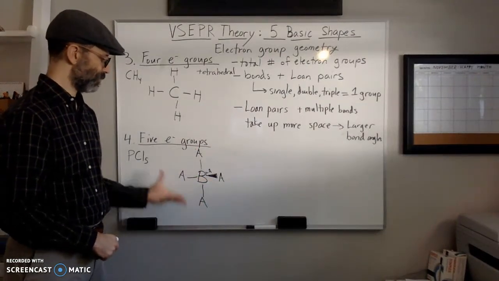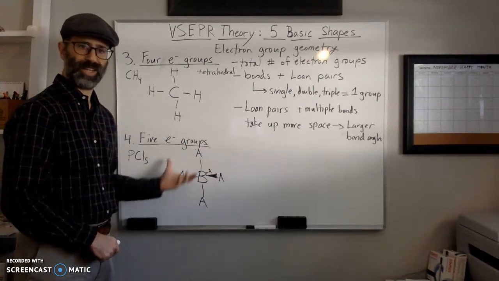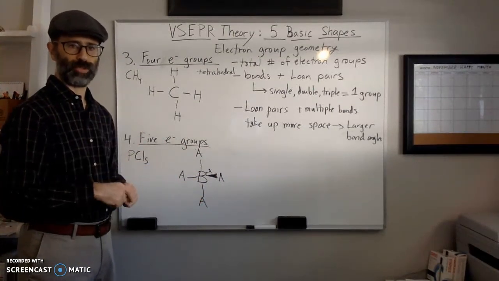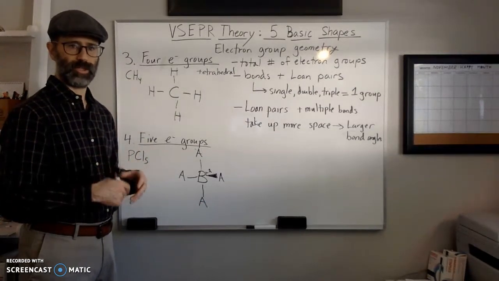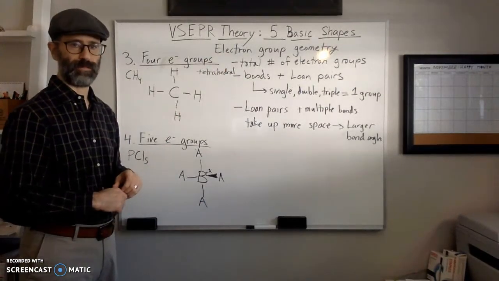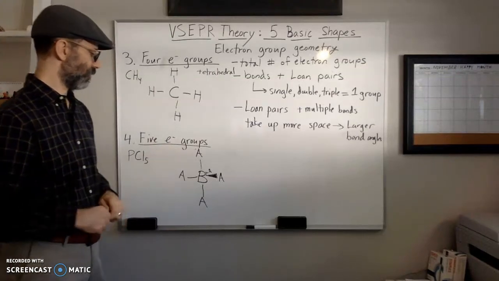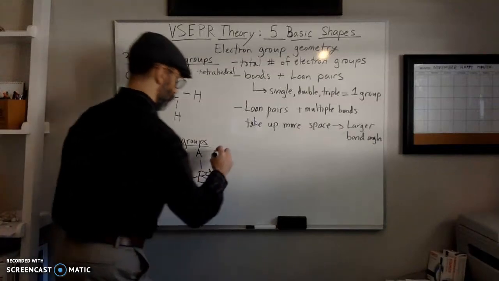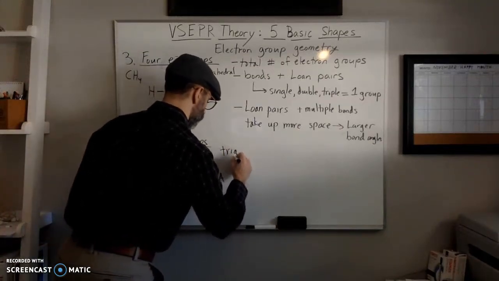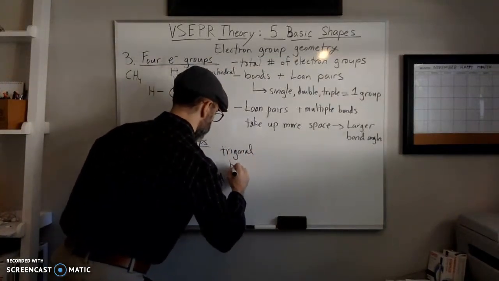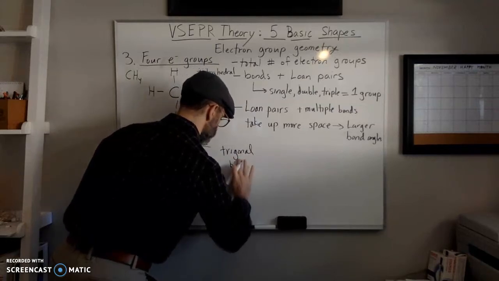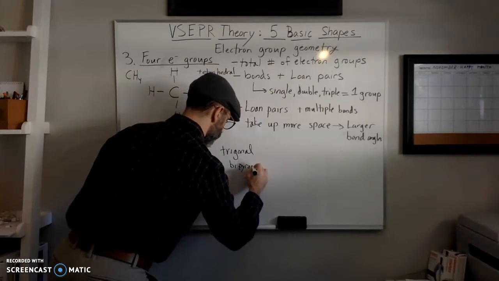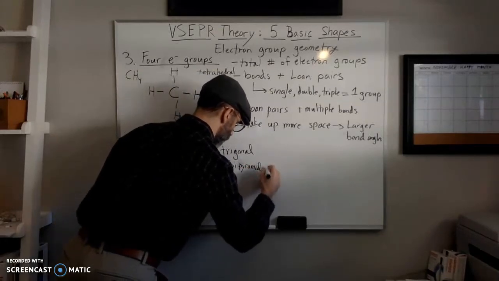So this is the shape of my molecule, or the electron group geometry of my molecule when I have 5 total electron groups, bonding and non-bonding together. So I'm looking at electron group geometry. Okay, so the shape of this is going to be Trigonal Bipyramidal, or Trigonal Bipyramid.